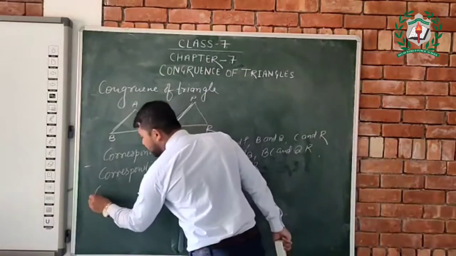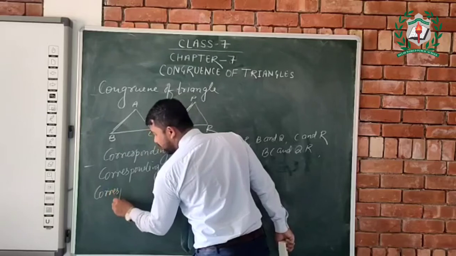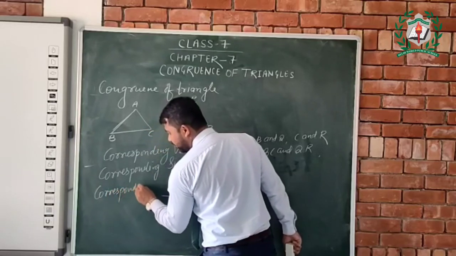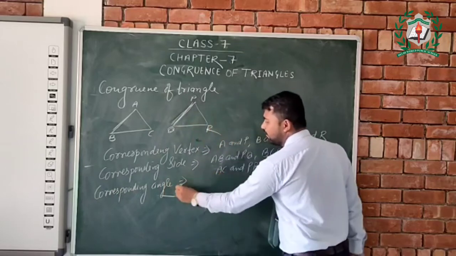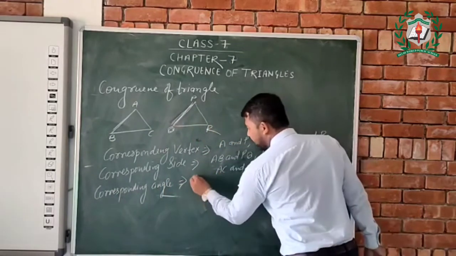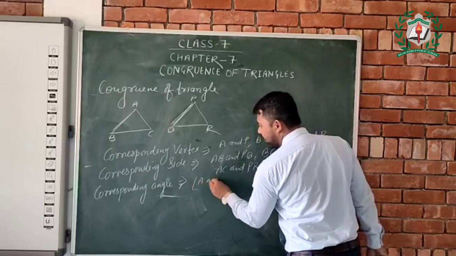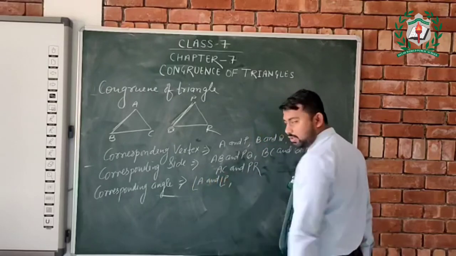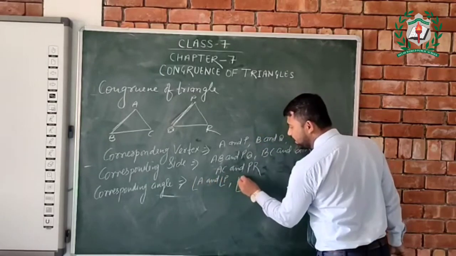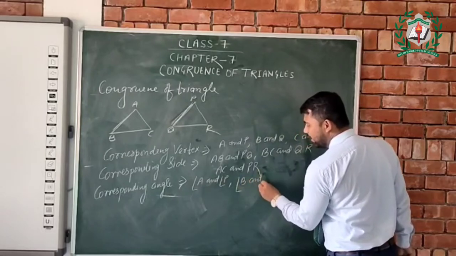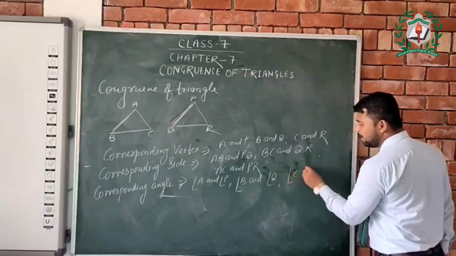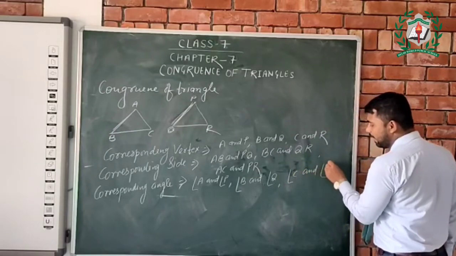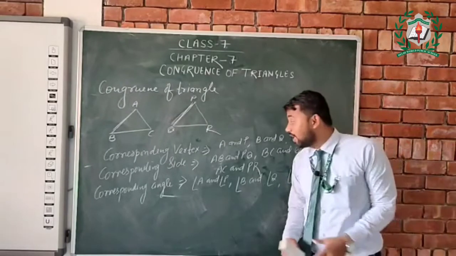Last is corresponding angles. The corresponding angles will be angle A and angle P, first. Angle B and angle Q, second. Angle C and angle R. So these are the corresponding angles.